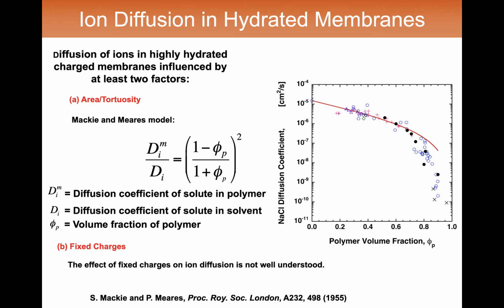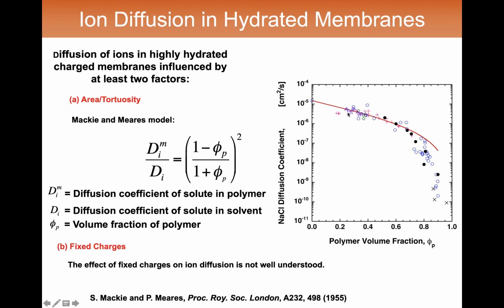That's not an adjustable parameter. The volume fraction of water, or equivalently the volume fraction of polymer, can be measured by measuring the water uptake and the volume of the sample. So everything about this equation is determined, and it gives a simple model, with no adjustable parameters, to calculate ion diffusion coefficients in polymers.